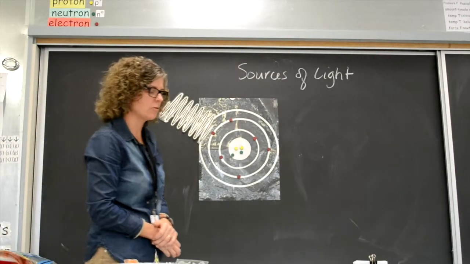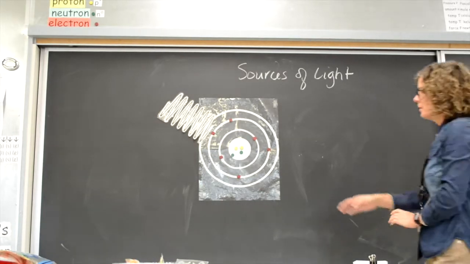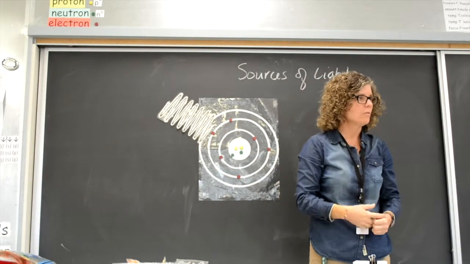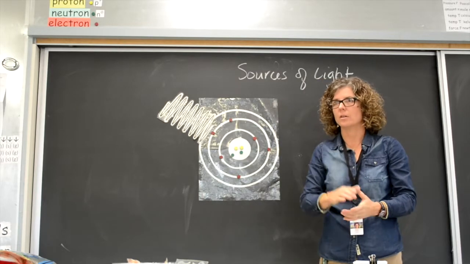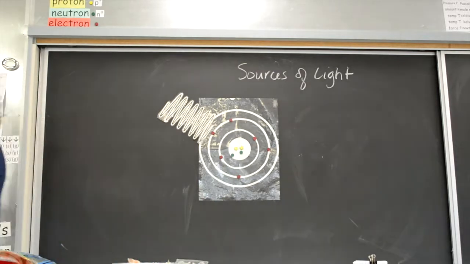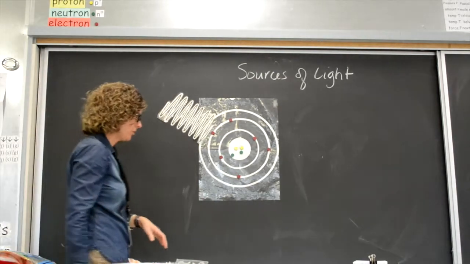Specifically, it's hitting the electron. Now, what type of energy is this? What type, from your lovely electromagnetic spectrum lesson, what could I call this right here? Yeah, I'm going to call it ultraviolet light. Usually it's ultraviolet light.